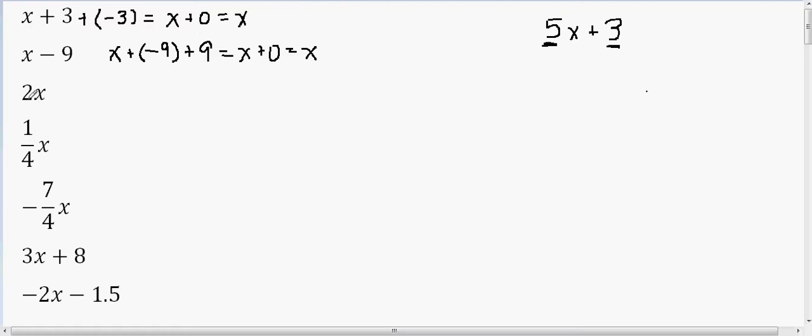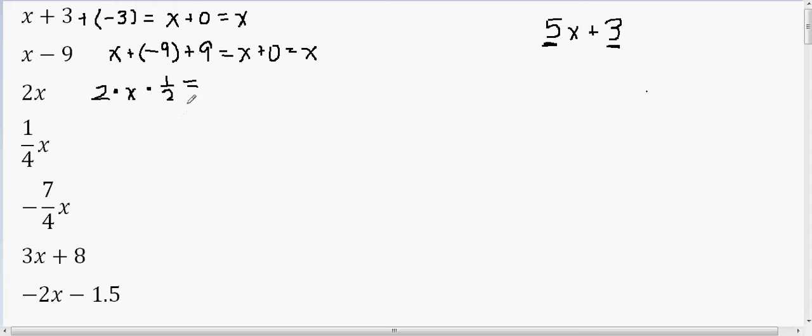Next, we have the expression 2x. When we have a number written next to a variable like this, there is an understood multiplication symbol that we can add back in. When we do, we get the expression 2 multiplied by x. To get x by itself, we need to get rid of the 2. And to do that, we can multiply this expression by the reciprocal of 2, which is the multiplicative inverse.